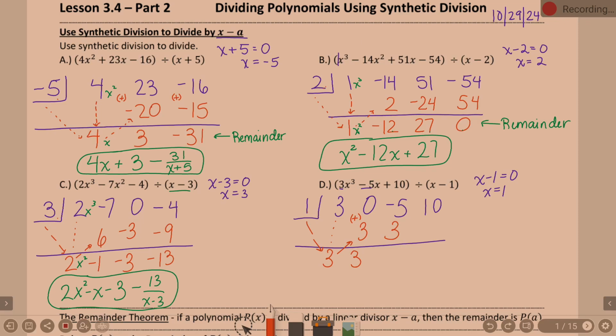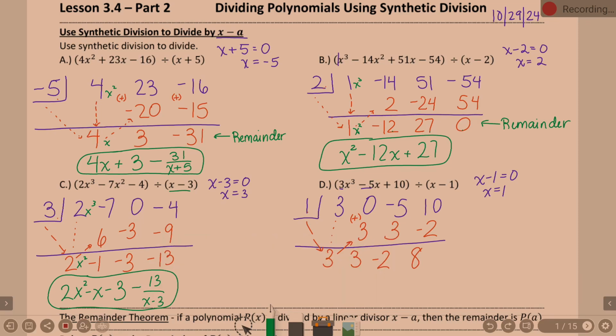We're going to add. Negative 5 plus 3 is negative 2. And then 1 times negative 2. The 1 here times negative 2 is negative 2. What am I doing with 10 and negative 2? Adding. 10 plus negative 2 is 8.